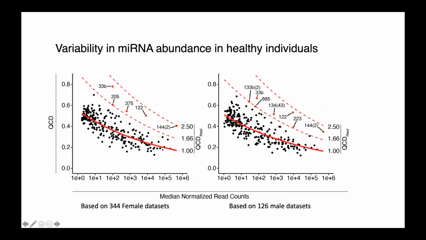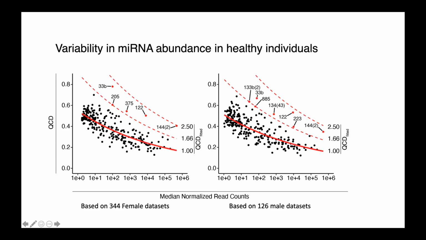And there's a nice function that can be fitted, suggesting that the overall quartile coefficient of dispersion is more or less a function of the overall abundance, which is probably due to technical limitations of the method.